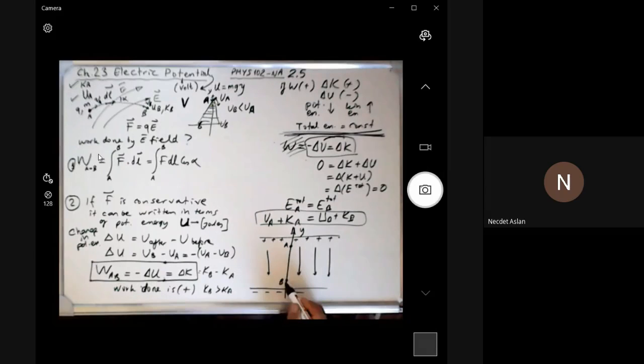Not necessarily in a straight direction. Maybe it's moving like that and coming to point B, or maybe it's doing this, coming to B. Different paths, as you see.